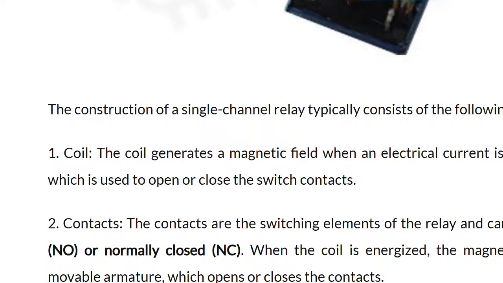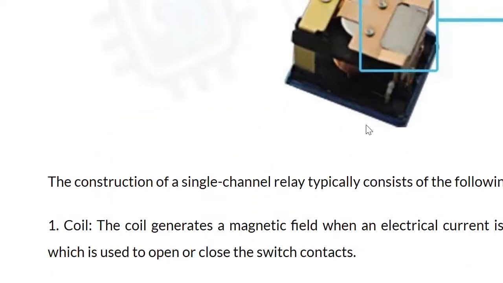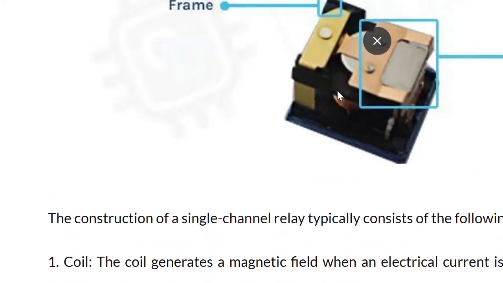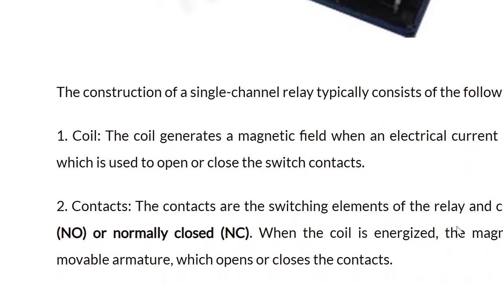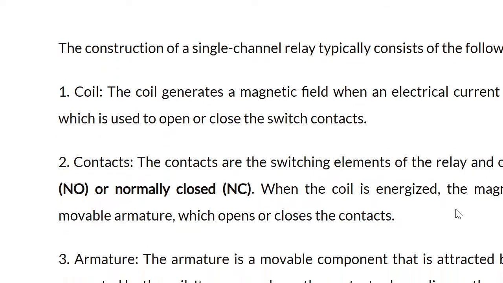When you pass electric current, a magnetic field is immediately produced around the coil, and due to this magnetic field, the thin sheet-like structure on the upper surface, which is connected with the AC source, gets closed. So that is about the coil, a very essential part, and then we have contacts.